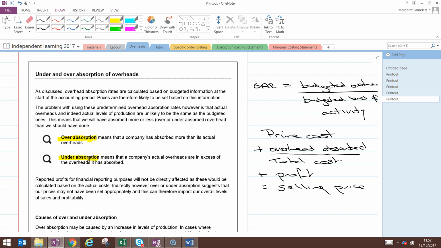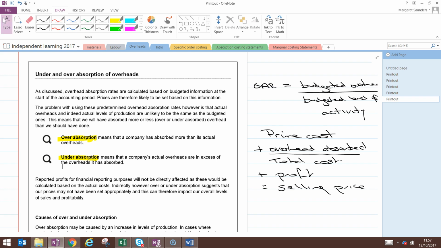If we've under absorbed, it means that we have not added enough overheads to our prime cost to cover our actual overheads according to the invoices. And so that means that our actual profit is going to be less than we expected it to be.